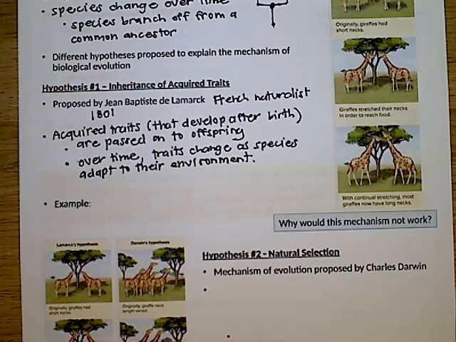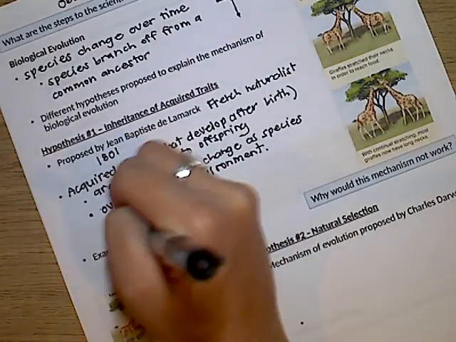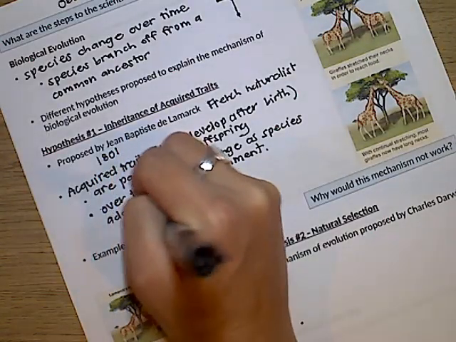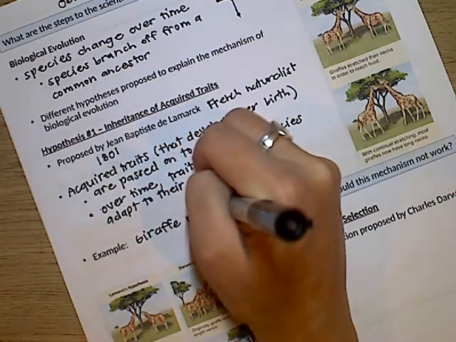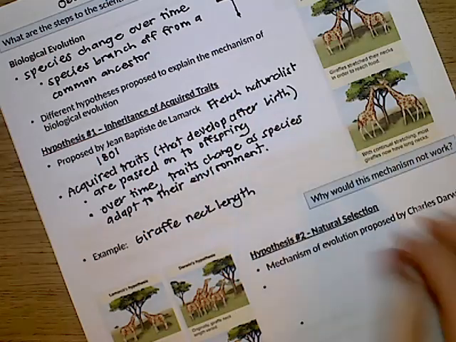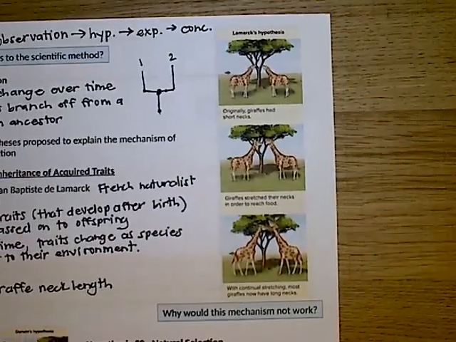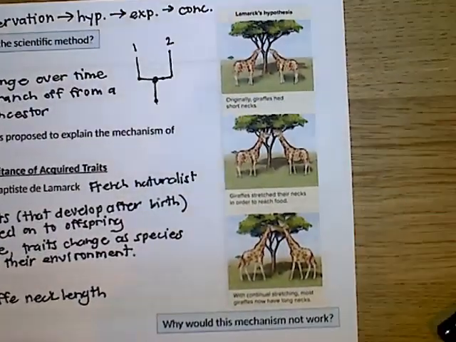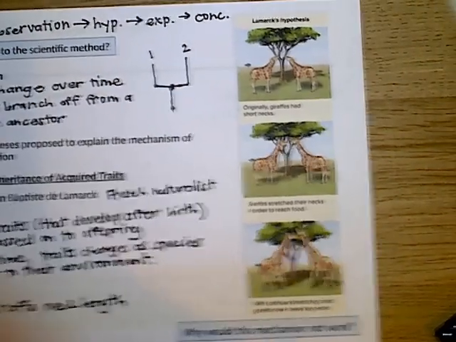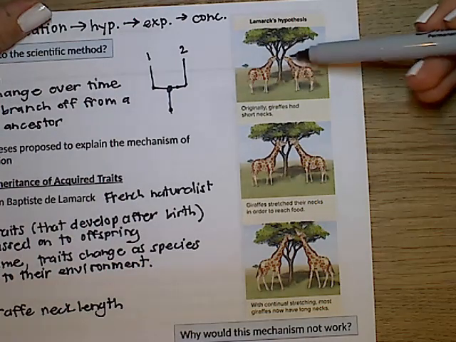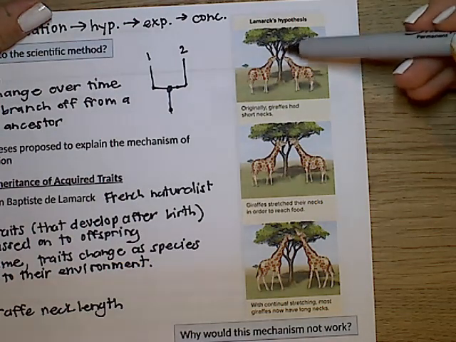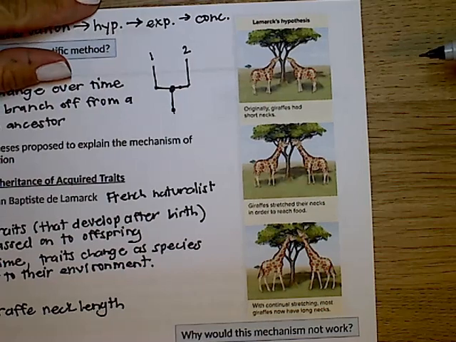The classic example in biology that's typically used is giraffe neck length. What Lamarck hypothesized is that originally all giraffes had short necks like this, and you can see they're having a hard time getting their food from the trees.